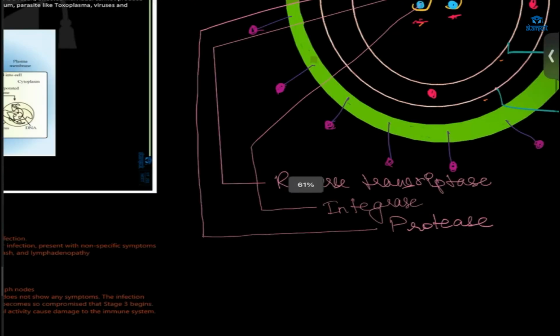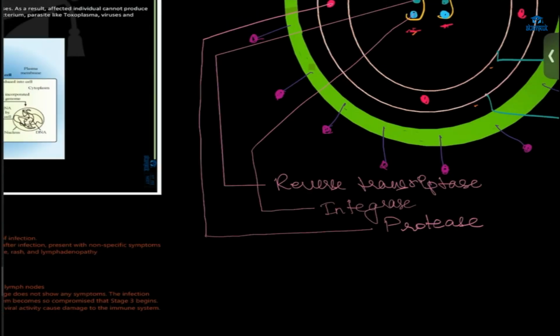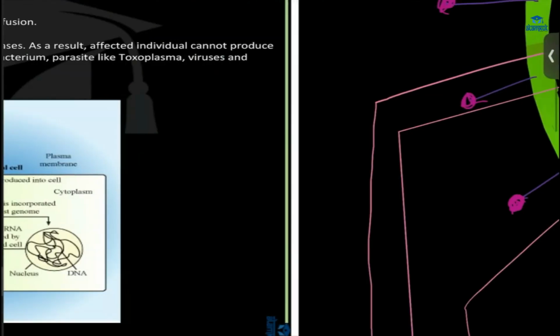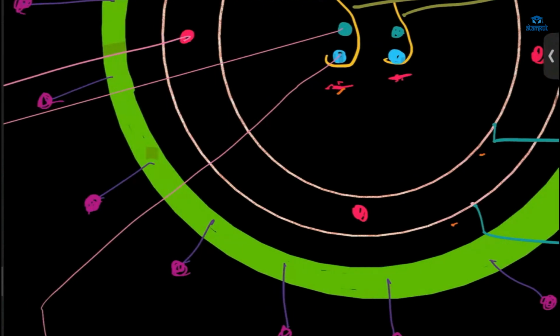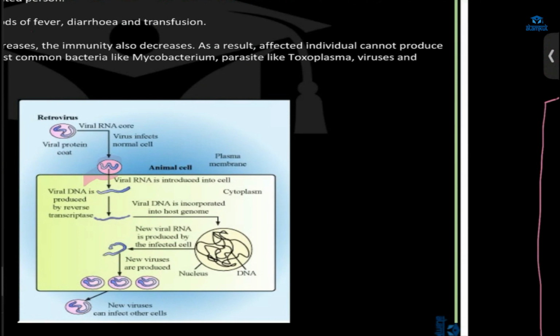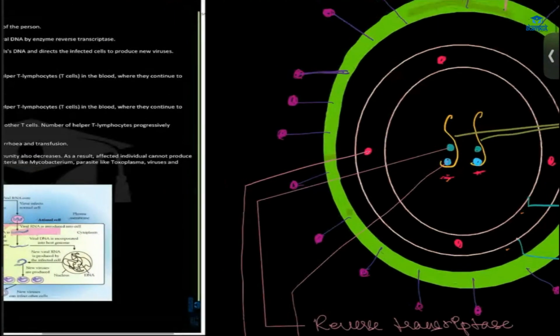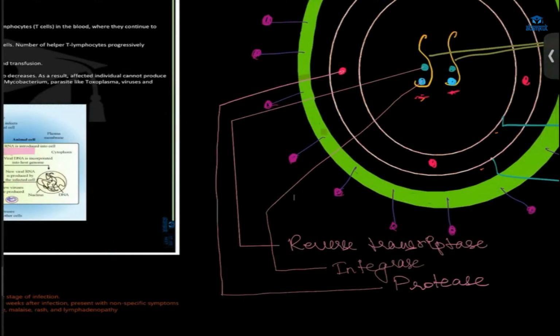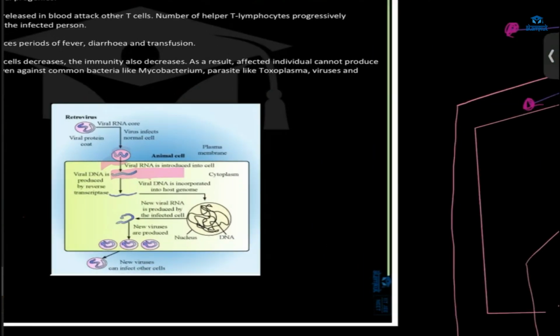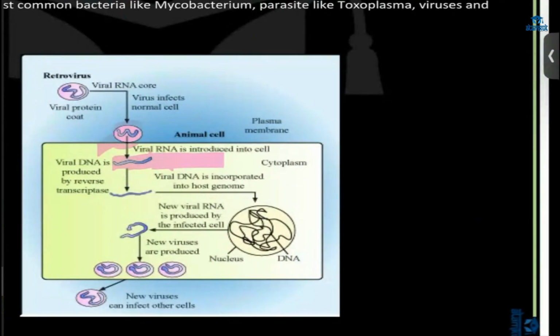This protease breaks down these layers, and the two single stranded RNAs come out and get inside the cell. Now one enzyme's work is over. We have two enzymes left, reverse transcriptase and integrase.